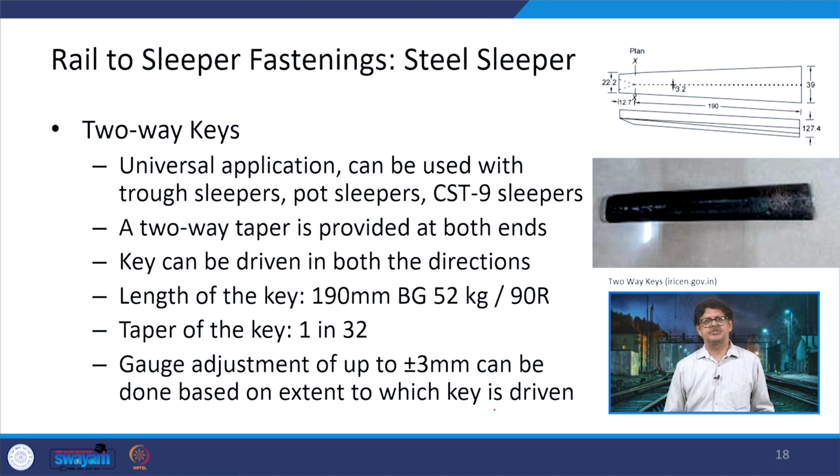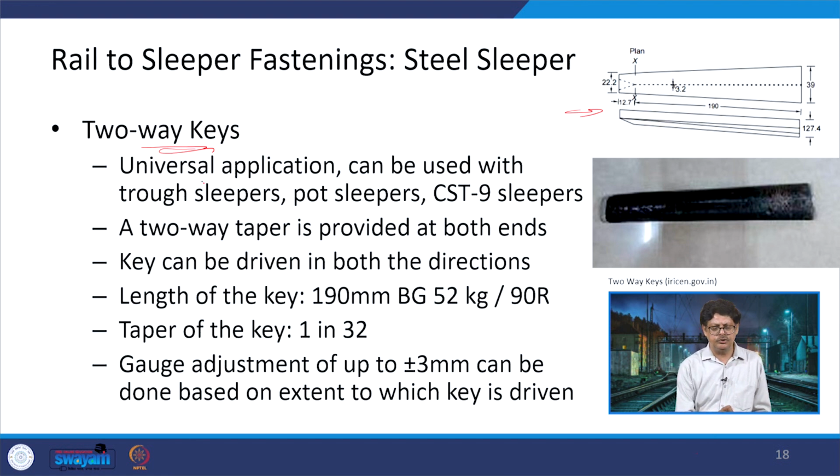Another thing which is used in the case of steel sleepers is a two-way key. If you see here from the side, from the top, it has a trapezoidal section. This trapezoidal section is to be inserted in the steel sleeper so as to keep the jaws in position.